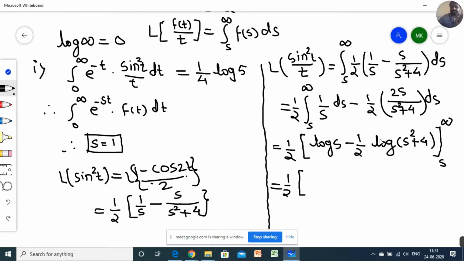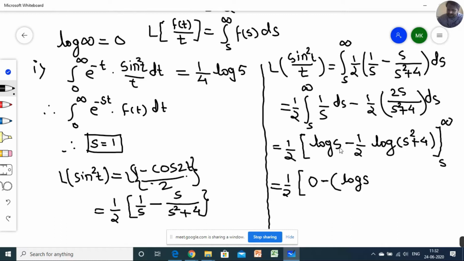Always remember, whenever the term log is present in such kind of questions, the upper limit gives 0, and while applying the lower limit you have to carry the negative sign with you, so that the positive term becomes negative and the negative term becomes positive. So the upper limit I am taking as 0, while applying the lower limit taking negative and applying s. So log of s kept as it is, because we have to substitute the value at the place of s.